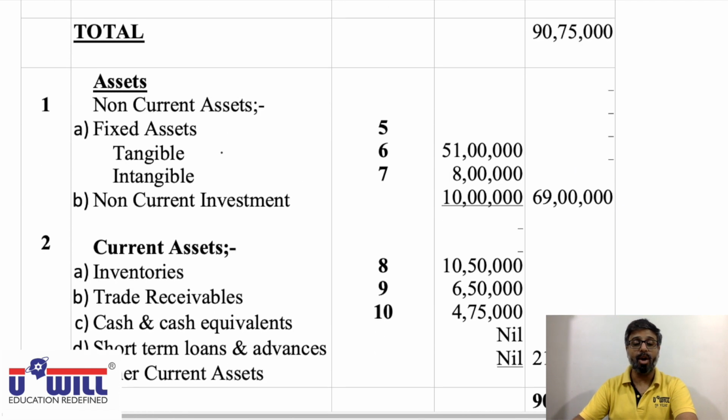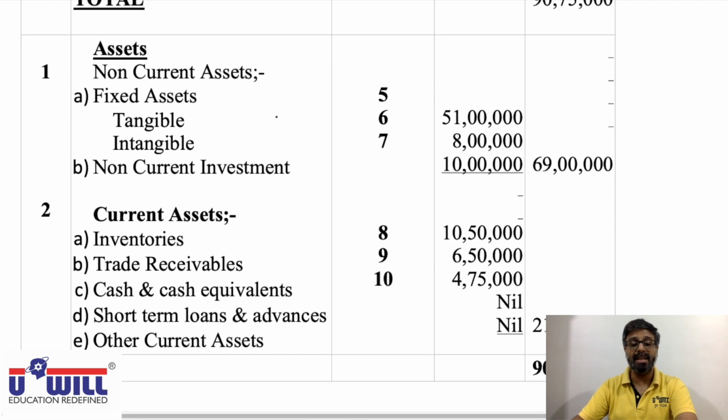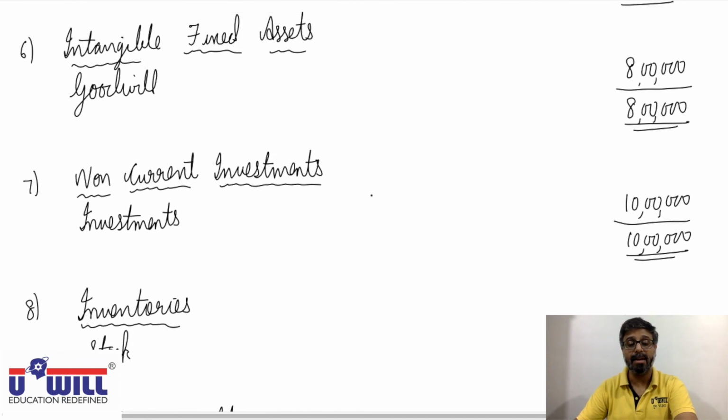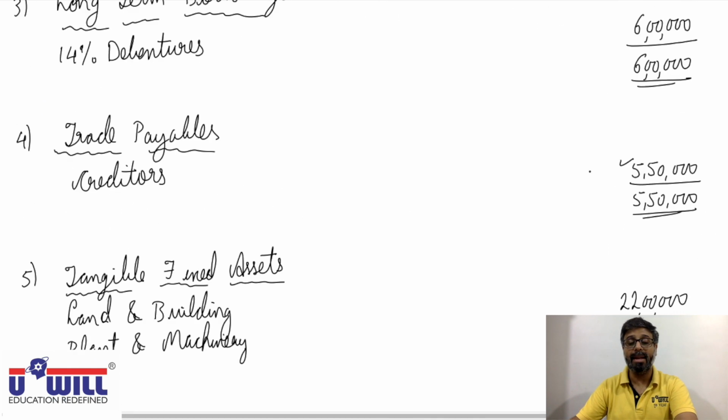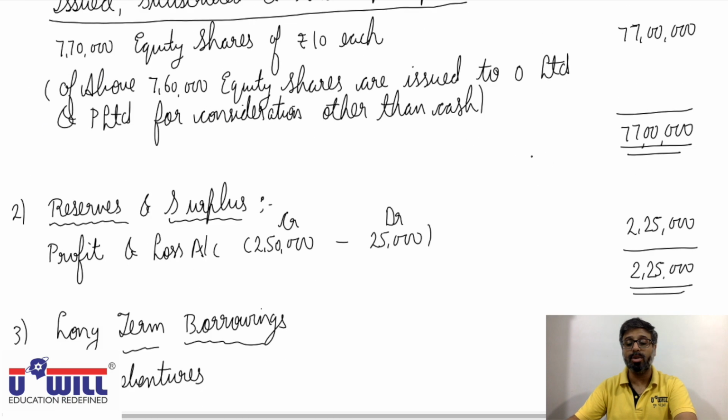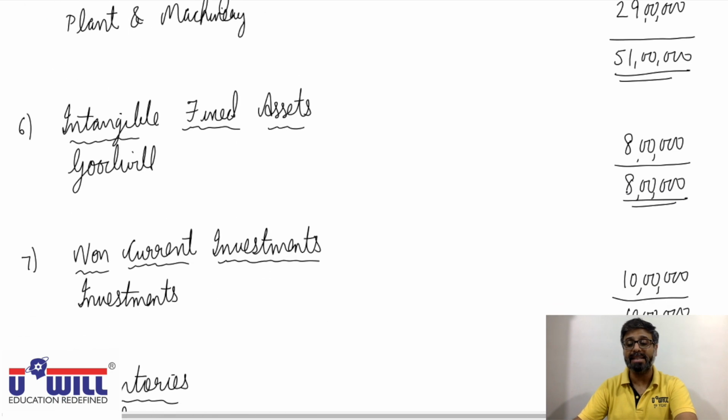Now asset side, non-current assets, in that fixed assets, in that tangible fixed assets as per note 5. Okay, tangible fixed assets are as per note 5. You all can see that in the note 5, tangible fixed assets are 51 lakhs. Intangible fixed assets in note 6, you all can see goodwill of 8 lakhs is there.